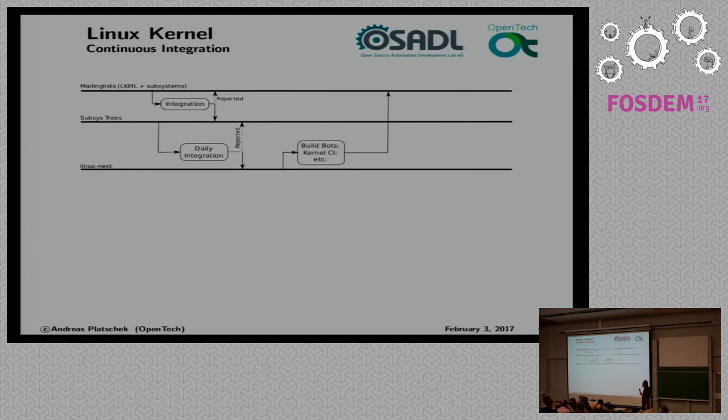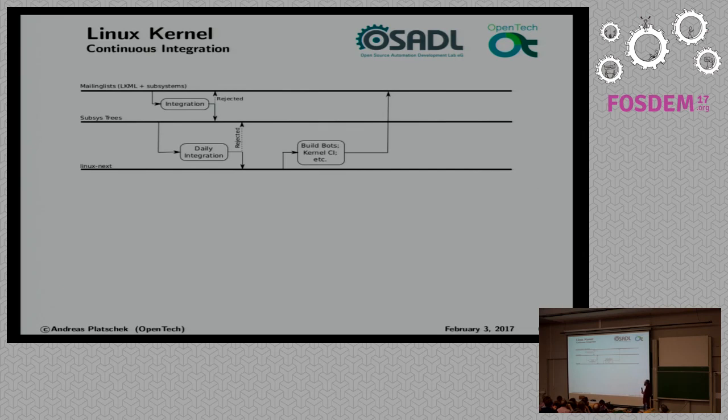From the subsystem trees, we have a daily integration into Linux Next, the integration repository run by Stephen Rothwell. Every day, about 240 subsystem trees are pulled and integrated into this integration repository in Linux Next.